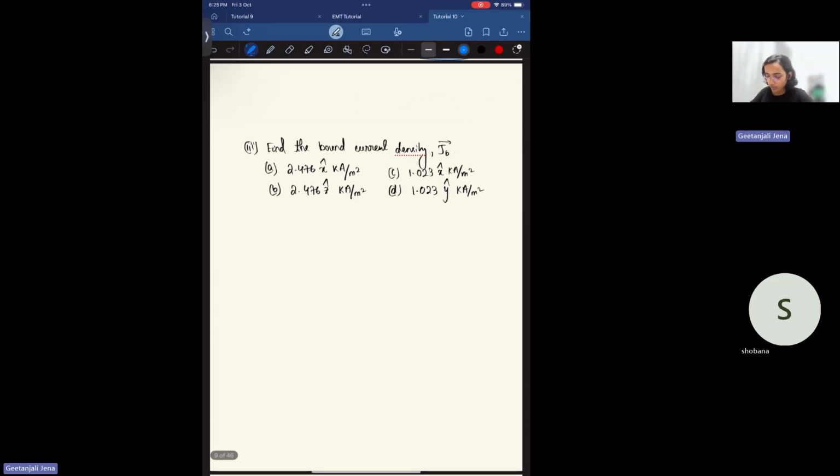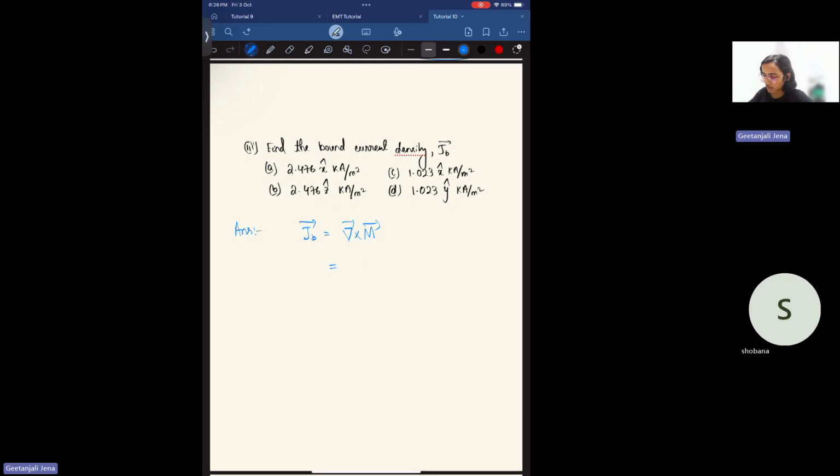Okay, so the last part of question number 2 is to find out the bound current density, JB. If you recall, JB is nothing but the curl of M. M we have already calculated in our previous problem.